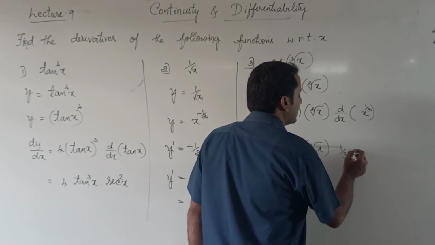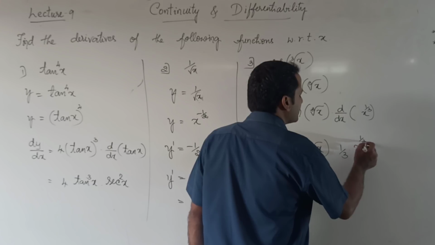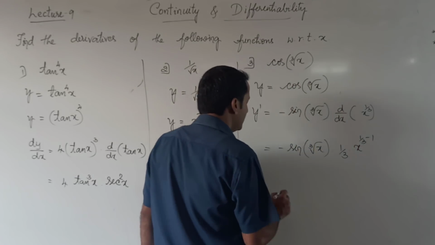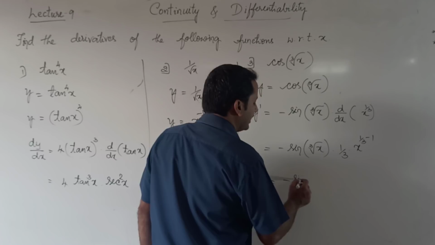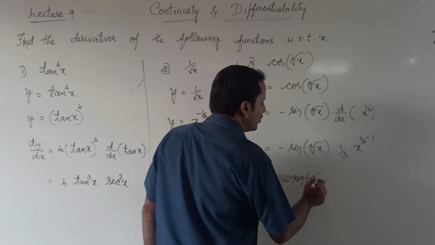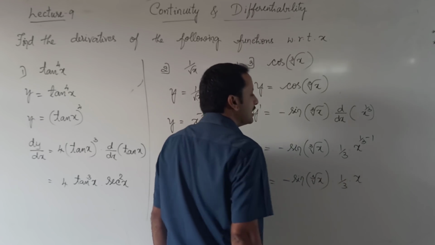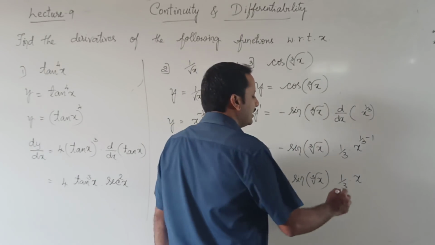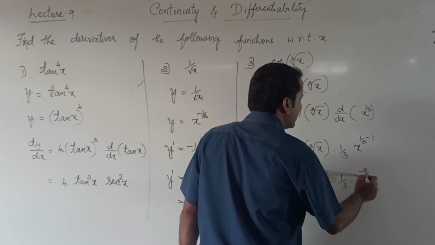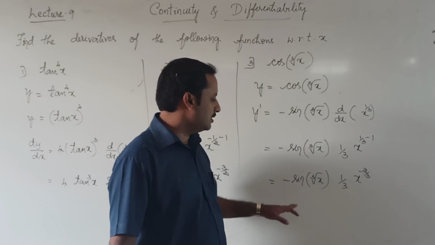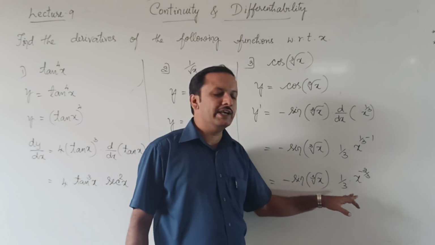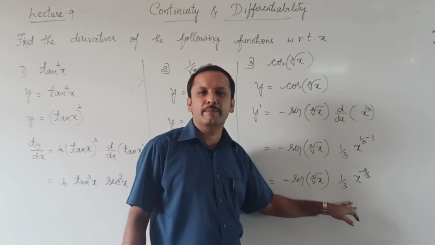That will give you 1 by 3 into x to the power 1 by 3 minus 1, that will be minus 2 by 3. So minus sine cube root of x into 1 by 3 into x to the power minus 2 by 3.